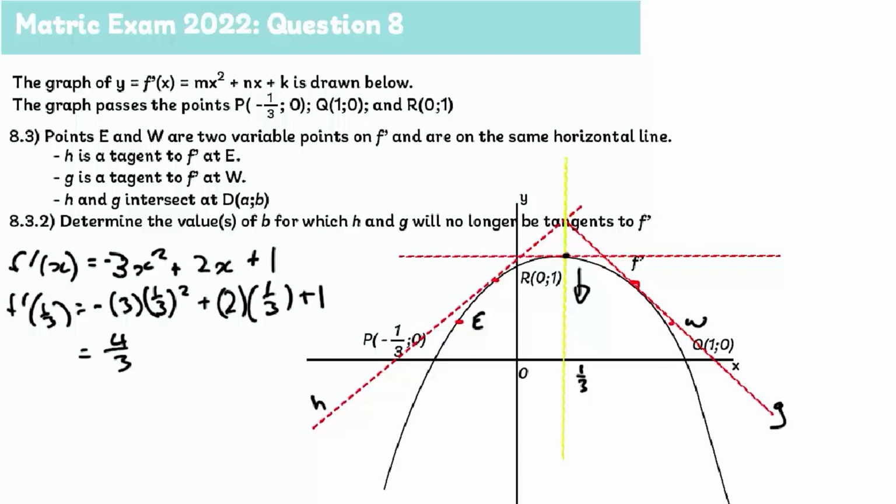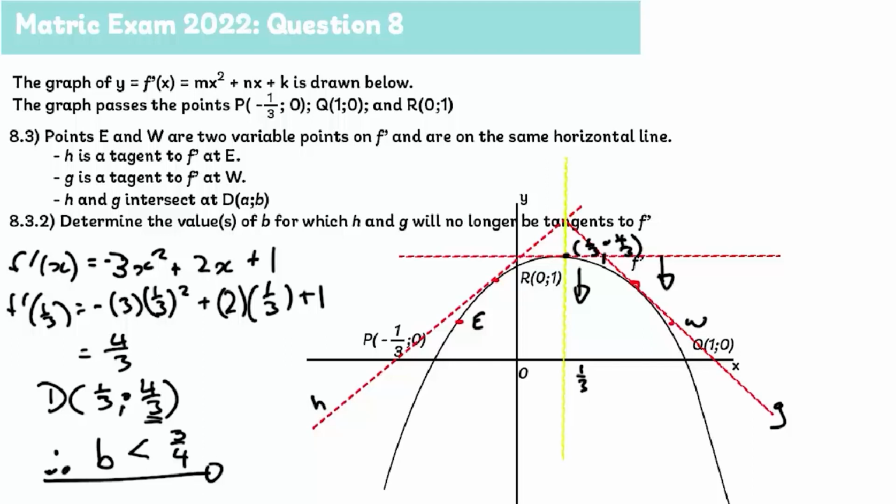So what we're saying is the A value is 1/3, and the y value will be 4/3. More importantly, we know that that point is here, (1/3; 4/3). So anything below 4/3 is not a tangent. Therefore, B, if it's less than 4/3, it is not a tangent.